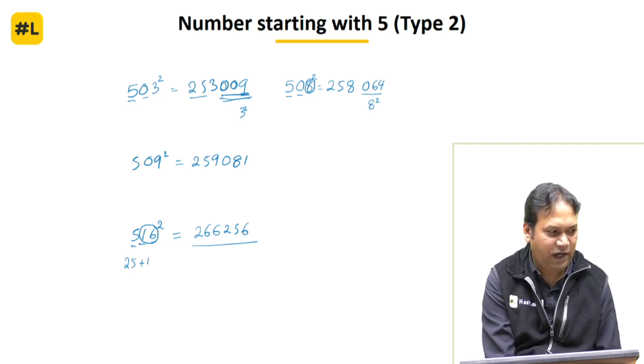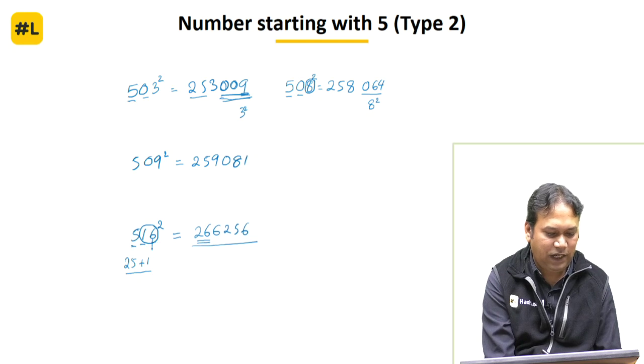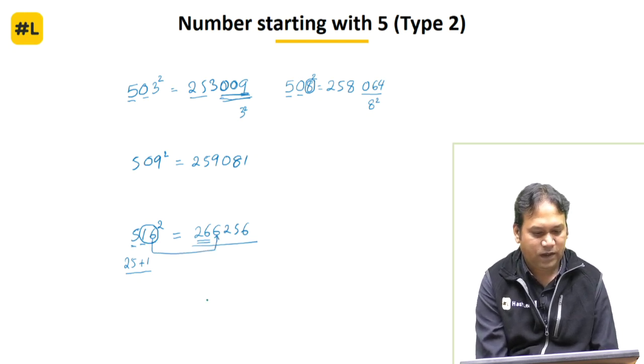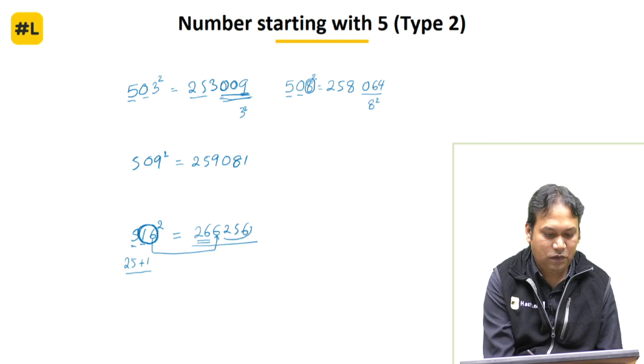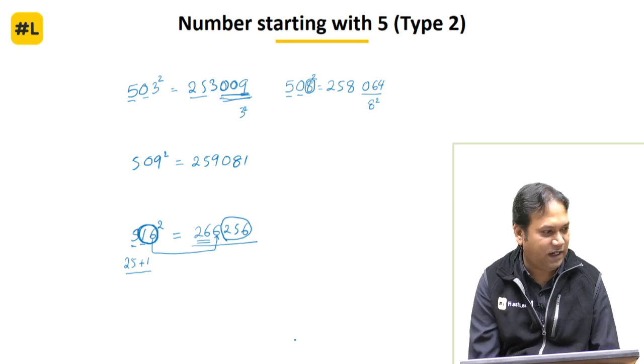516 square, 25 plus 1, 26. Please follow carefully. The number on the right hand side comes as it is, no change. And 16 square we have to calculate, 16 square, 256. Okay, 266, 256, that is the right answer.